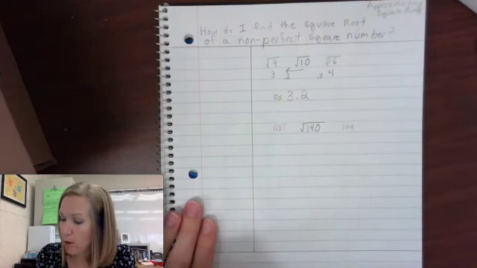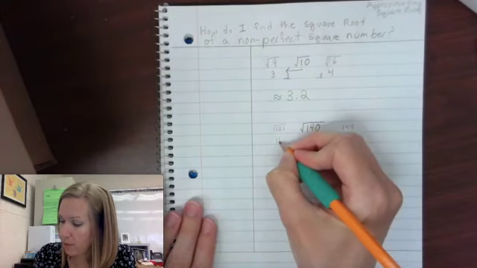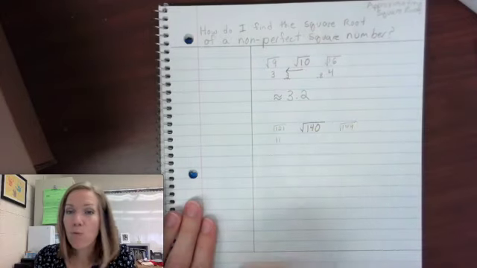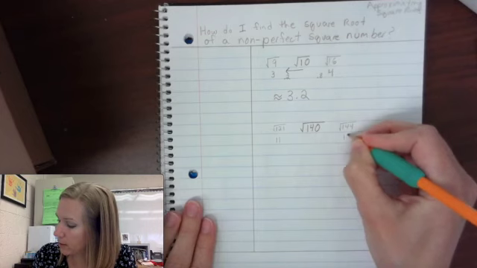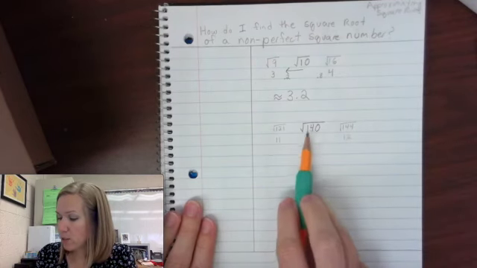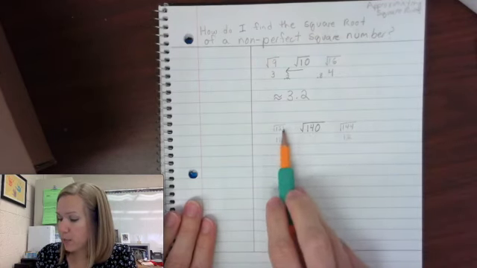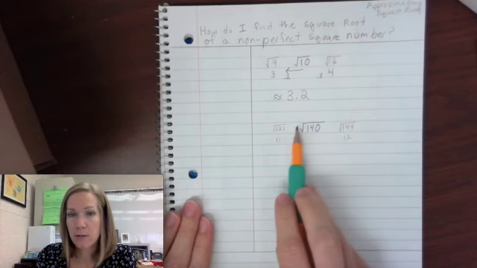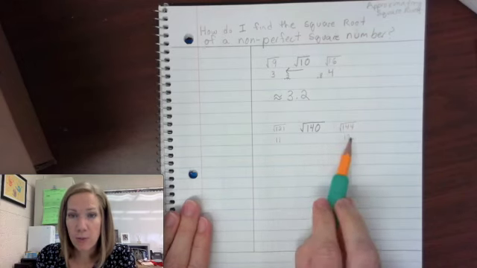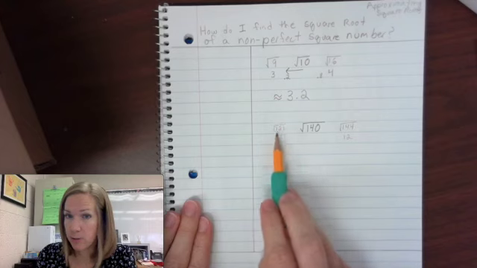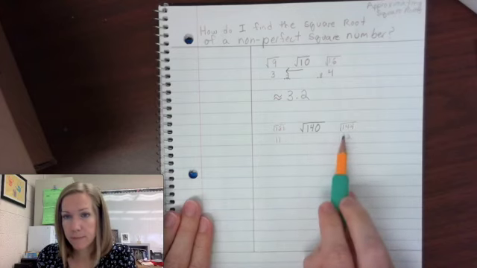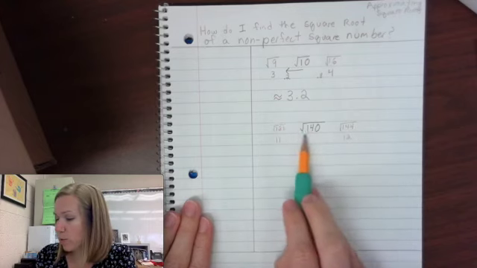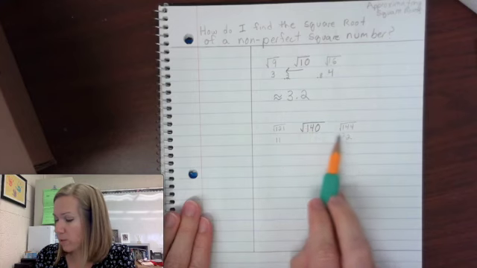The square root of 121 is 11, and the square root of 144 is 12. So we know that the square root of 140 is between these two numbers, which means it's between these two numbers, because remember, these are equal and these are equal. So the square root of 140 has to fall somewhere in between there.